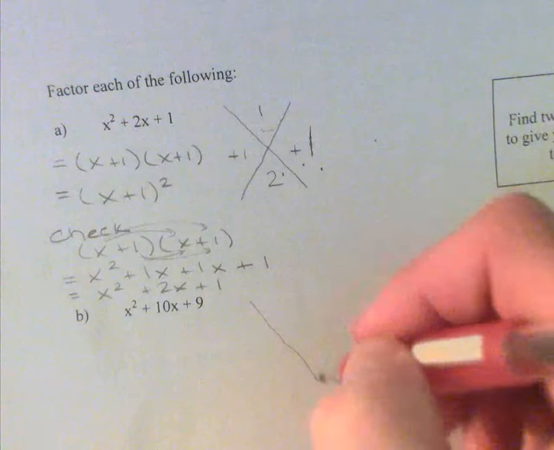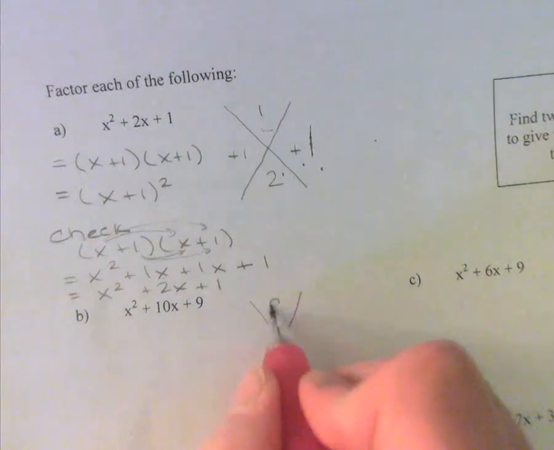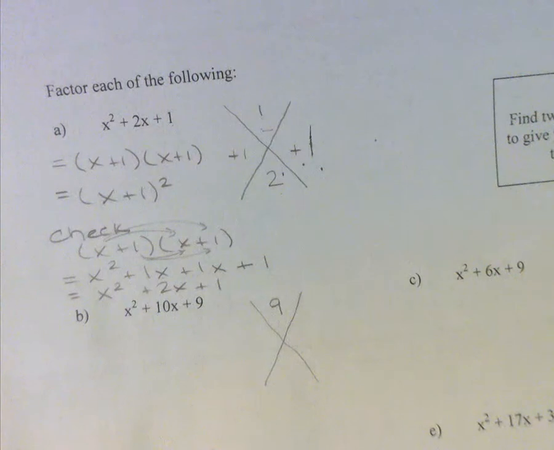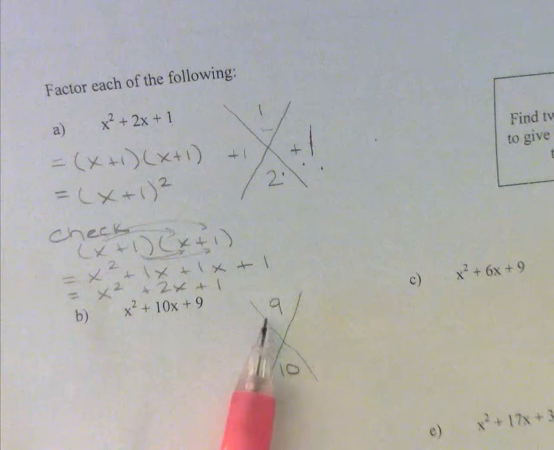Let's try it again. So I'm going to write an x. I'm looking for two numbers that multiply to this last number, 9. So I'm going to write 9 at the top. And then I want to find two numbers that add to this middle term, 10. So I look at the numbers that multiply to 9.